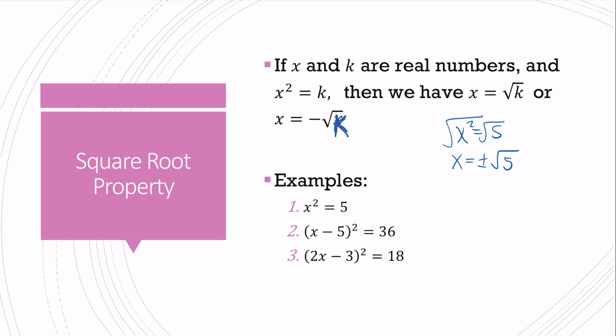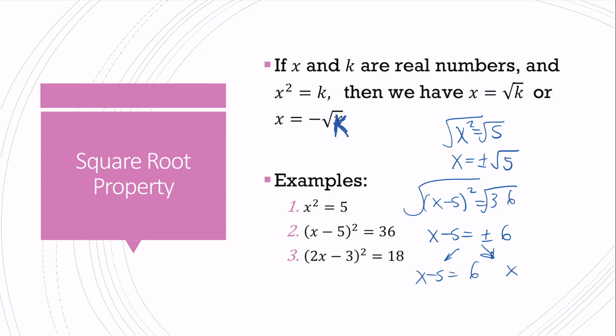If I have x minus 5 squared is 36, I can take the square root of both sides. I get x minus 5 equals plus or minus 6, so I divide this into two equations. X minus 5 is positive 6, x minus 5 is negative 6. I add 5 to both sides because our goal is to get our x all by itself.